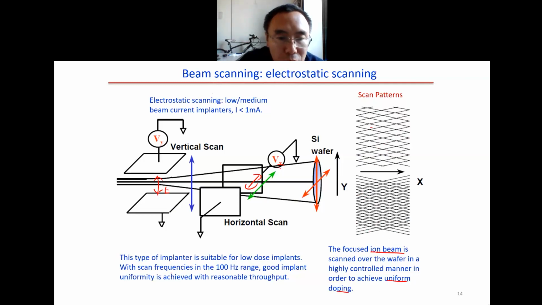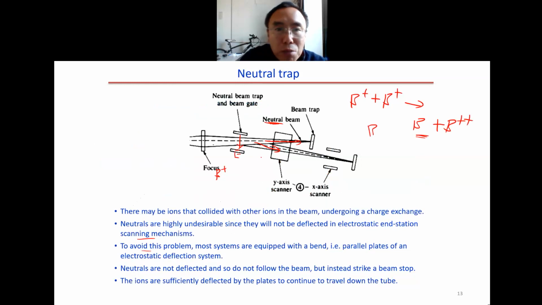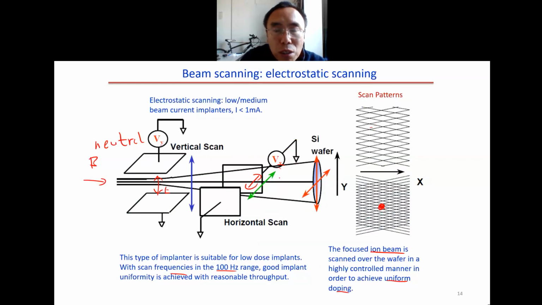The frequency is about 100 Hz. Now imagine we have a neutral. It will not scan like this. It may hit one spot and not move around. That's why we need to get rid of the neutrals, because the neutral will not be scanned. It will be implanted into one single spot, and this will be very bad.